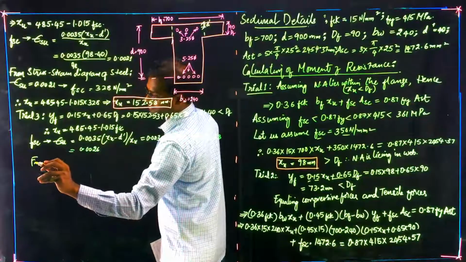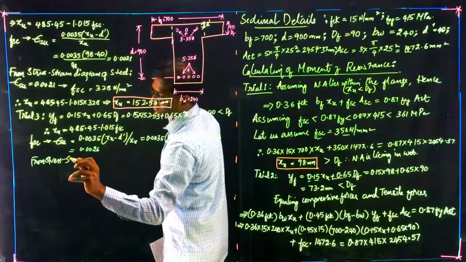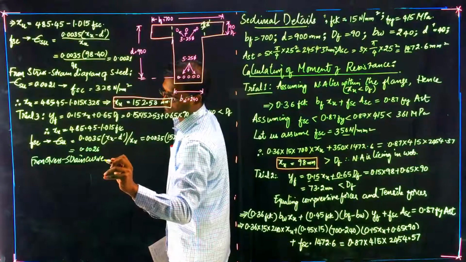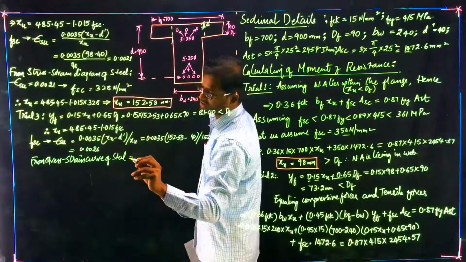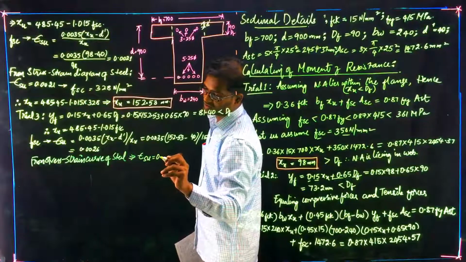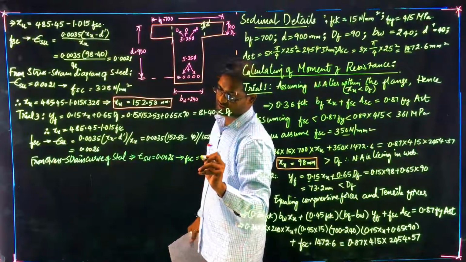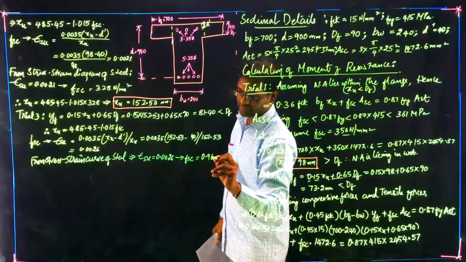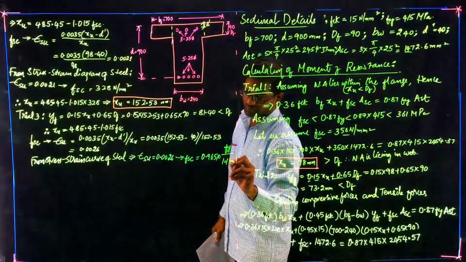Again you have to refer to the stress strain curve of steel. For epsilon SU of 0.0026, the FSC value is given by 0.965 into Fy divided by 1.15.